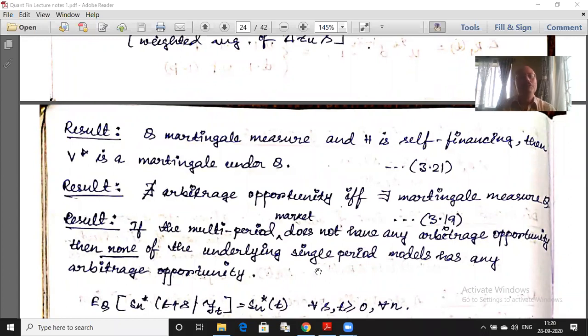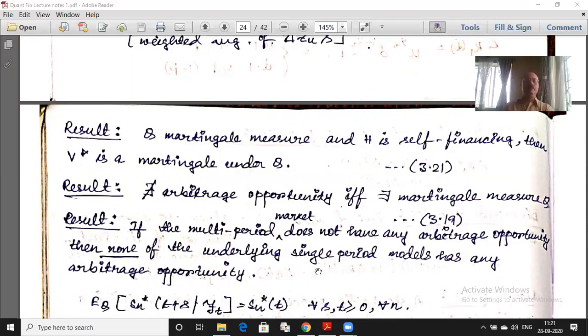Okay, so this is a very important result. It sounds very obvious, but it requires a proof, and the proof is like this. Exactly what Subhrajyoti said. It's a very simple proof, but it requires understanding of the mechanism, that once I get a gain, I need not take any further risk. I can just put it in the bank so that sure shot gain will remain with me till the end.